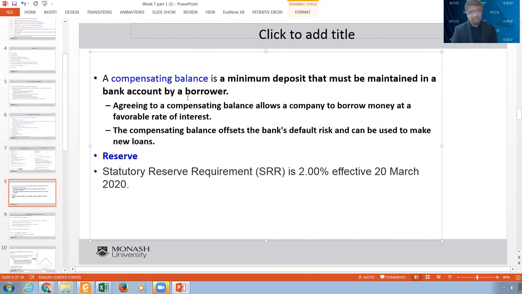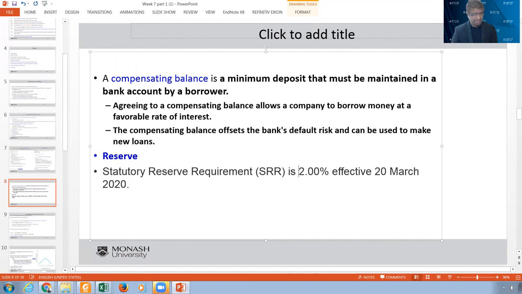And banks do that. It could be 5%, it could be 10%, but when it becomes more, the effective rate will increase for you. Now, what is the reserve? The reserve is what in Malaysia we call SRR. This was 4% before. Out of each dollar you receive, you have to set aside a portion.